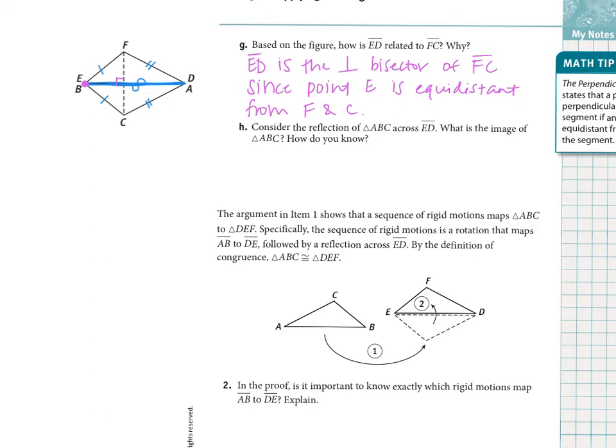We know it with those congruence tick marks. So we know that these are also going to be congruent to each other as well. Interesting. All right, let's keep going. Let's go ahead and look at H. It says, consider the reflection of triangle ABC across ED.